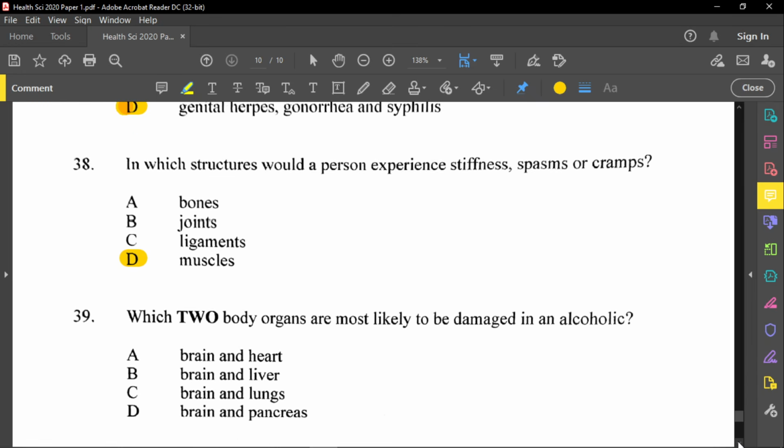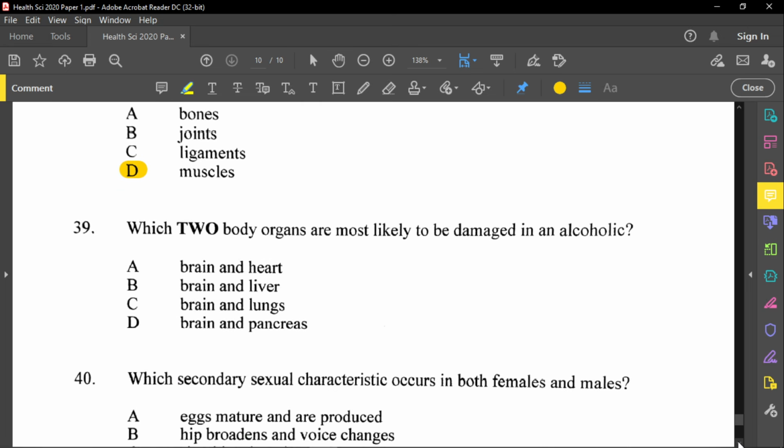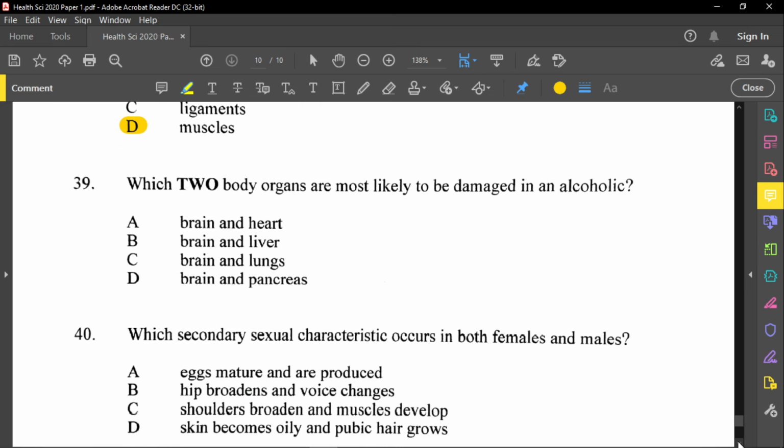Now, question 39 says, which two body organs are most likely to be damaged in an alcoholic? If a person is alcoholic and drinks a lot of alcohol, there are two things that are generally affected. One, if a person becomes drunk, they will lose balance and coordination. The part of the brain responsible for that is the cerebellum, which is responsible for your balance and coordination.